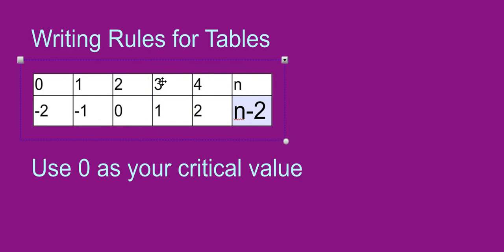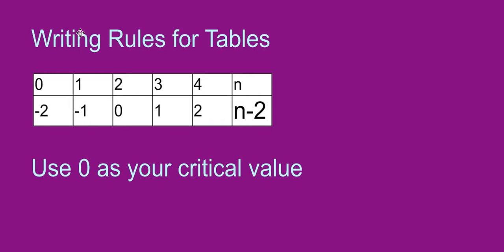Let's pick 3 here. We check and see, does n minus 2 get me from 3 to 1? If I plug 3 in there, is 3 minus 2 1? Yes, it is. Is 4 minus 2 2? Yes, it is. Therefore, this is the rule for my table, and I'm done.